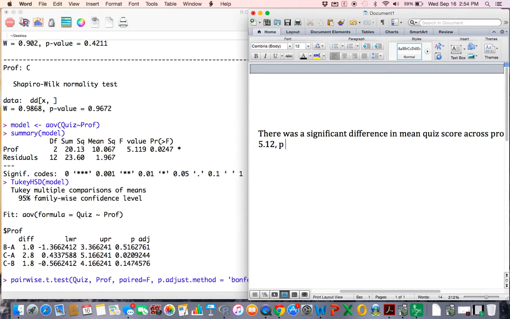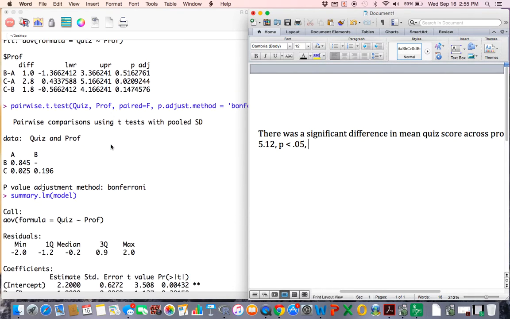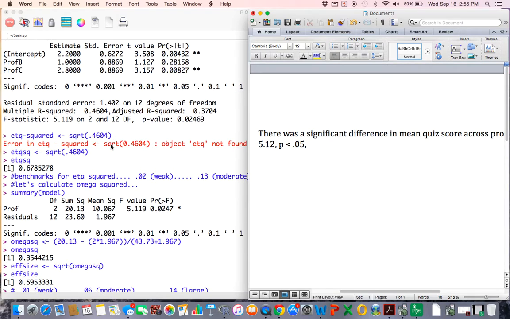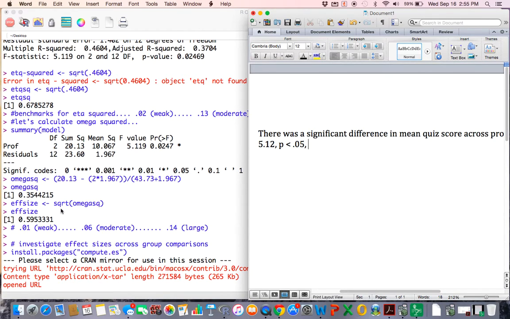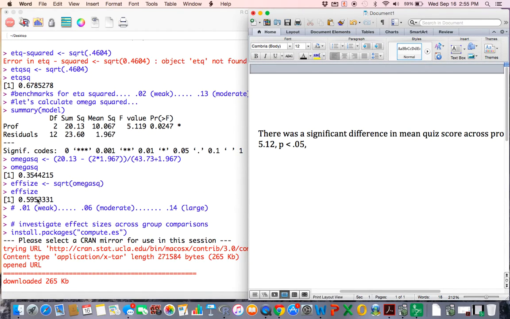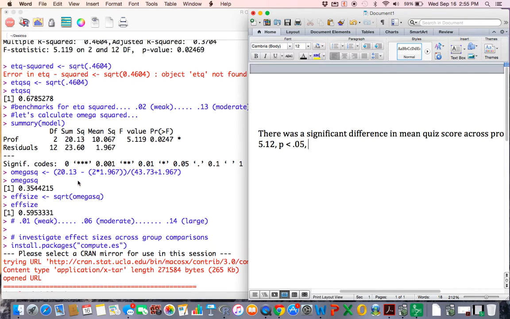And we are statistically significant at the 0.05 level. With omega, what was our omega? Does anybody remember? I don't. Okay, our omega was 0.60.